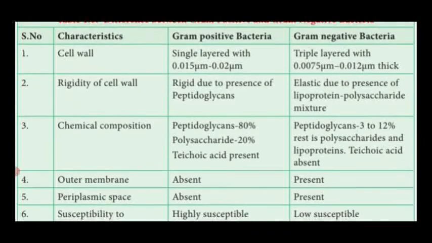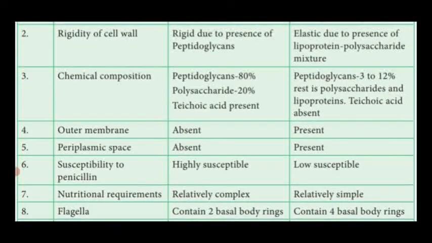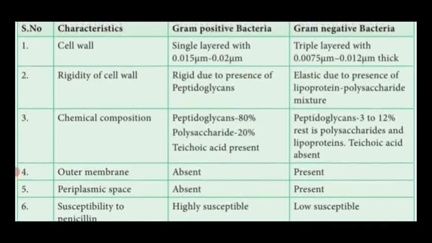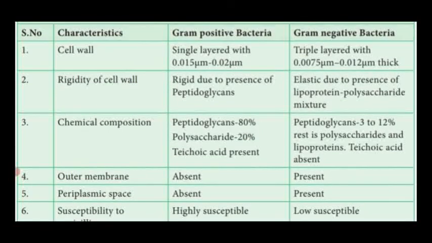Then third one, chemical composition. It consists of peptidoglycan, polysaccharide, teichoic acid. Peptidoglycan 80%, polysaccharide 20%. When you come to the gram-negative bacteria, peptidoglycan is very less, 3 to 12%.